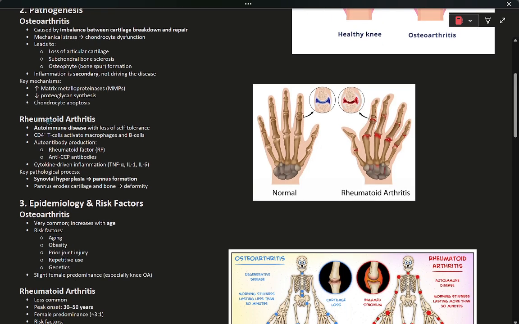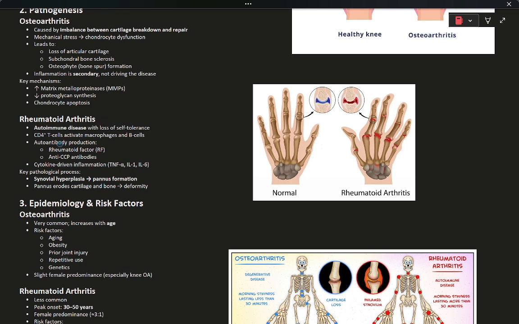Now let's talk about rheumatoid arthritis. So, rheumatoid arthritis is an autoimmune disease with loss of self-tolerance, and this occurs due to the CD4 plus T cells, which activate the macrophages and the B cells.